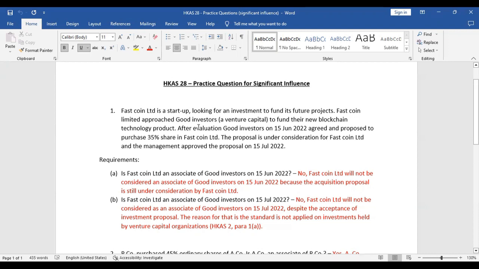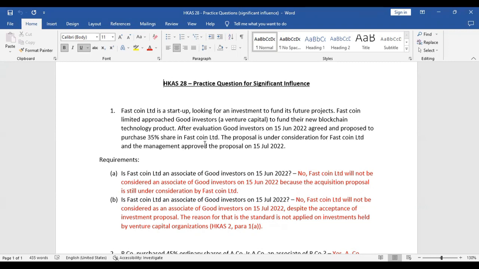After evaluation, Good Investors, on 15th June 2022, agreed and proposed to purchase a 35% share in Fastcoin Limited.